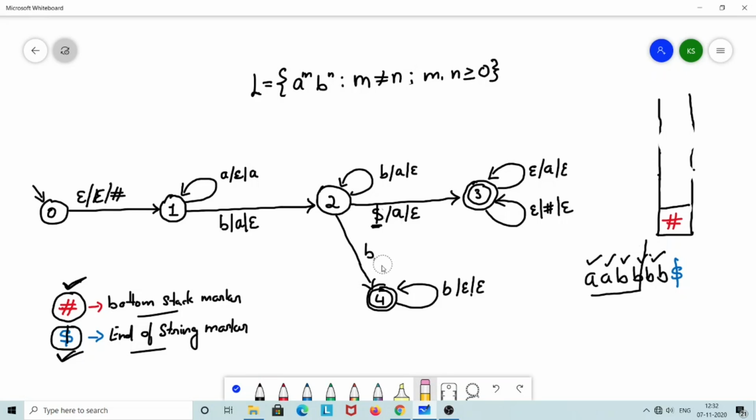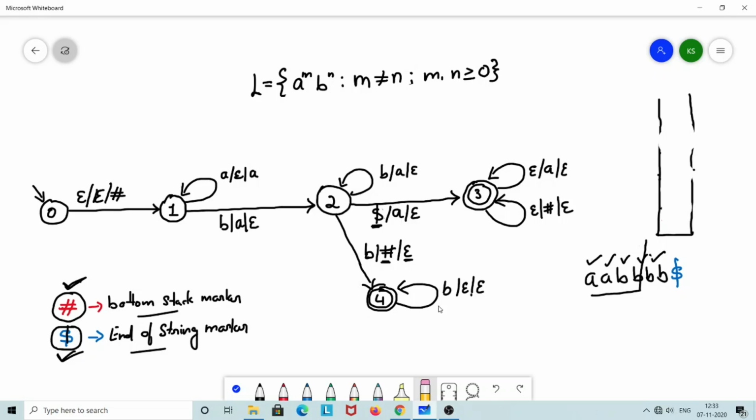If the top of the stack happens to be hash, then I'll go to state 4. On B, with the top of the stack being hash, I'll perform the pop operation, popping hash. Now I go to state 4.